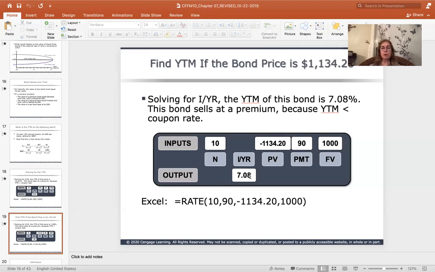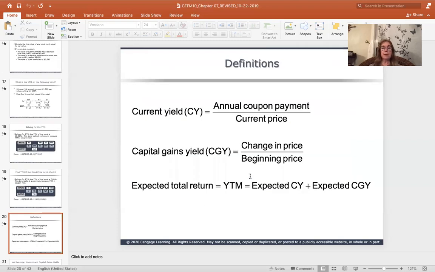Okay, now there's two components that make up the yield to maturity: the current yield plus the capital gains yield. The yield to maturity is the expected total return. The current yield is what you're making each year on the interest payment.